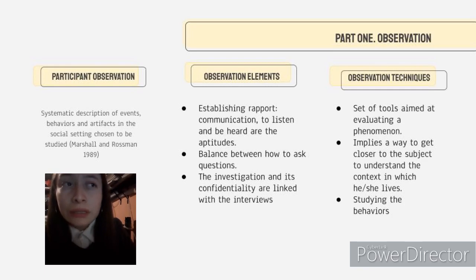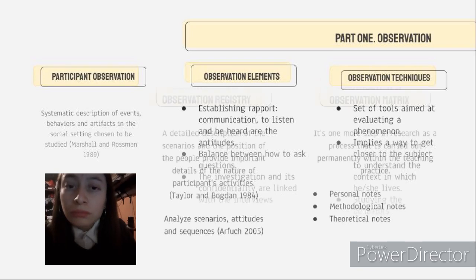Observation technique is a set of tools designed to evaluate a phenomenon. It implies a way of approaching the subject to understand the context in which he lives, studies, procedures, and environment.